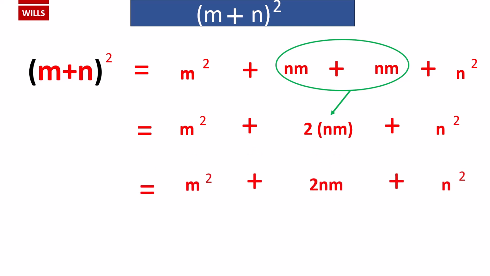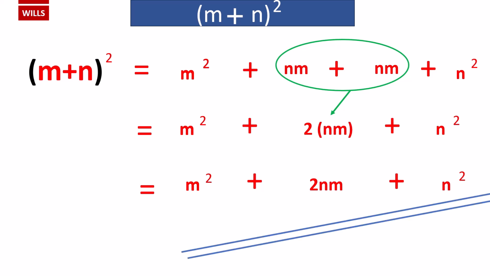So we have m squared plus 2nm plus n squared, and that is our answer, which means that when we are given m plus n all squared to expand, it is equal to m squared plus 2nm plus n squared.